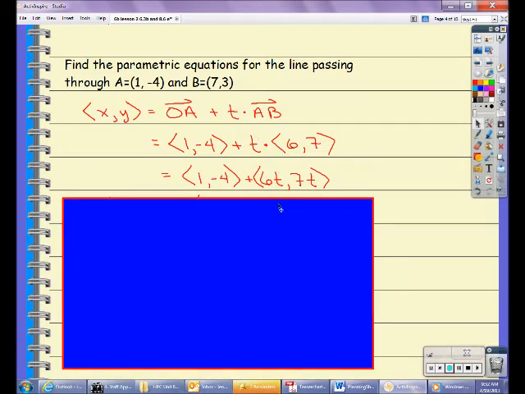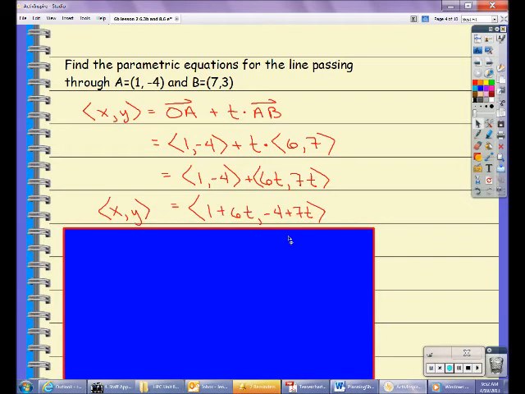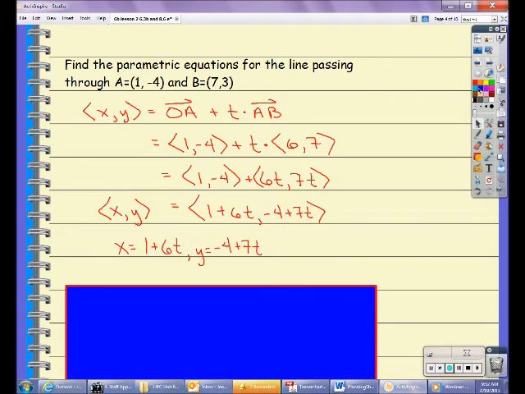Distribute the t. Add the vectors. And lastly, we just put the x vector with the x, and we put the y vector with the y. And we have our parameters. Parametric equations. Huzzah!